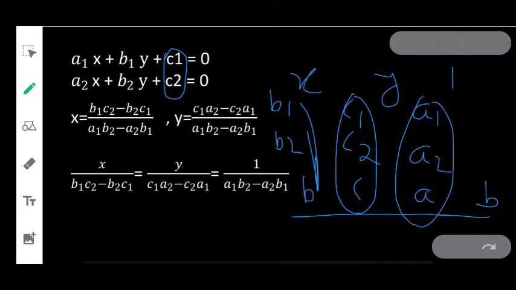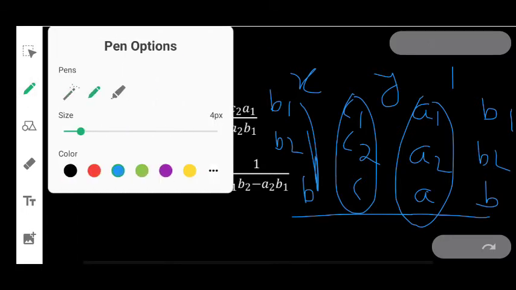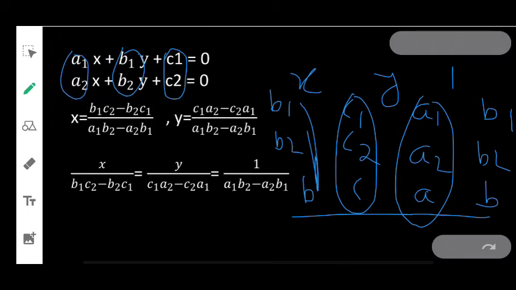The remaining are a1 a2 and b1 b2, so write down b1 b2 here. The next step is to multiply: b1 with c2 minus b2 into c1, from the left side, top to bottom and then bottom to top. So b1 c2, as you can see here, b1 c2 minus b2 c1.